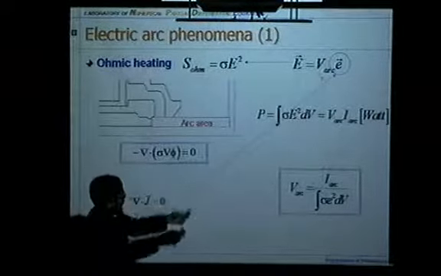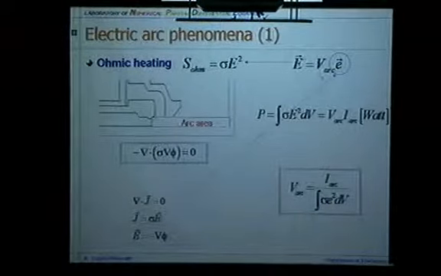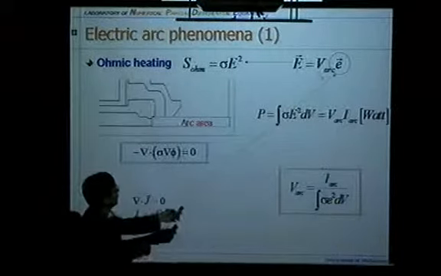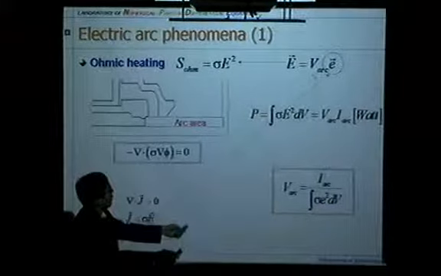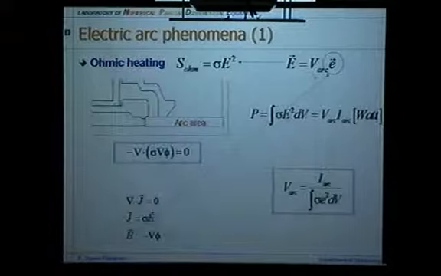If you integrate over the whole volume, you have the effective power, the change of energy over time. But this power is usually the arc voltage times the arc current. So that's the formulation.